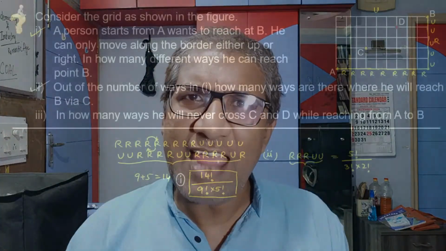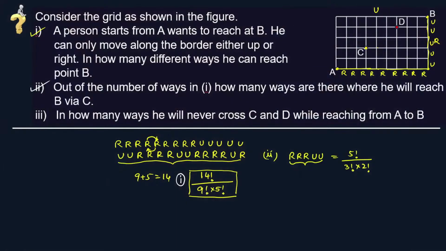It is the total number of ways the person can reach C from A. Is it clear?